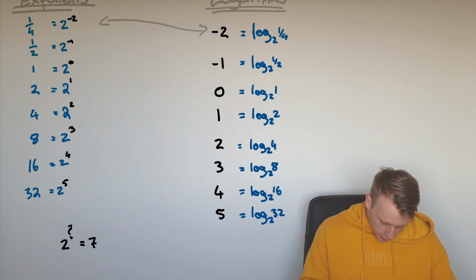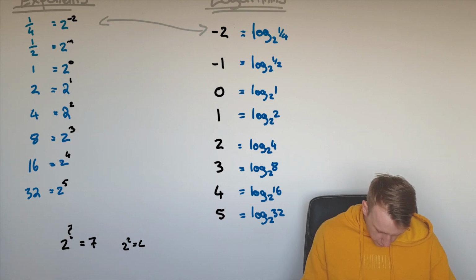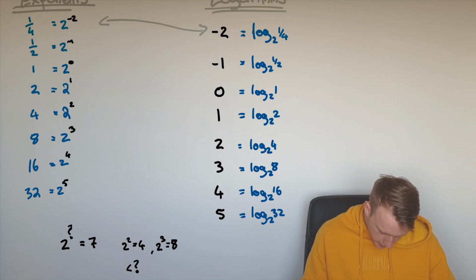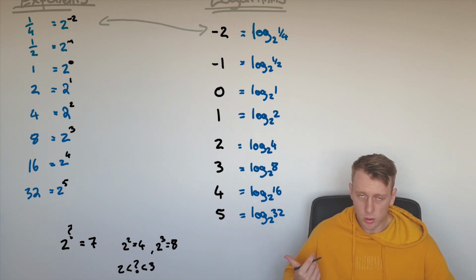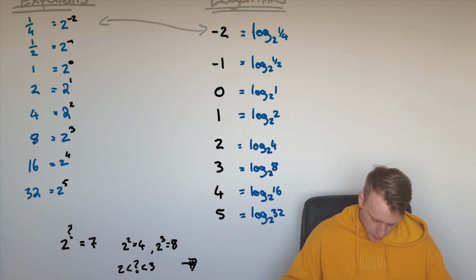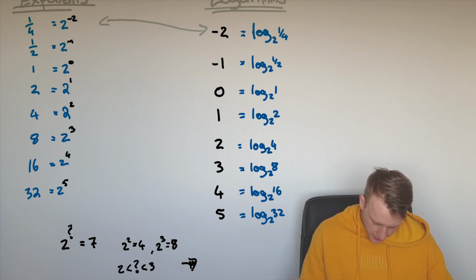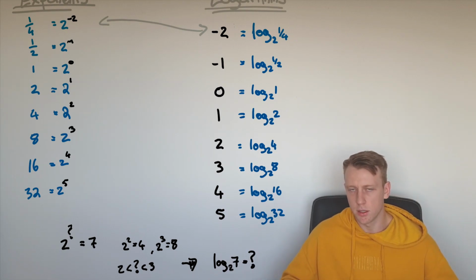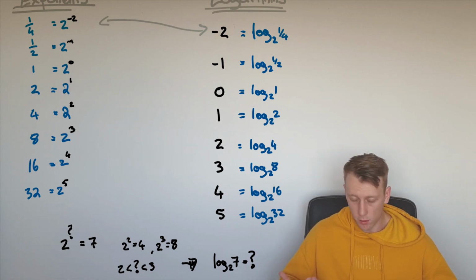Intuitively, we know that 2 to the power of 2 is equal to 4, and 2 to the power of 3 is equal to 8. So I know that question mark is in between 2 and 3. But if we want an exact value, we say log with a base of 2 of 7, and that's going to give me what the power is. This is the powerful thing with logarithms.